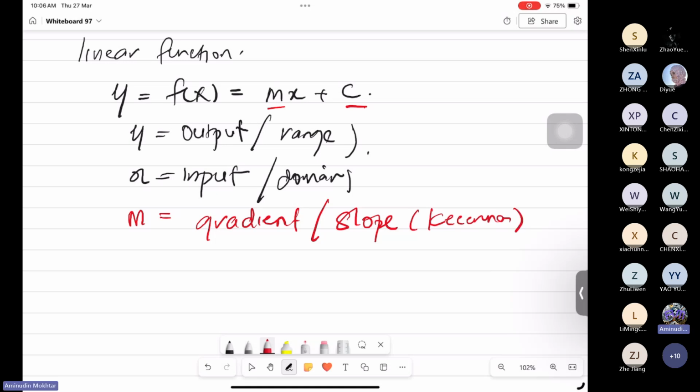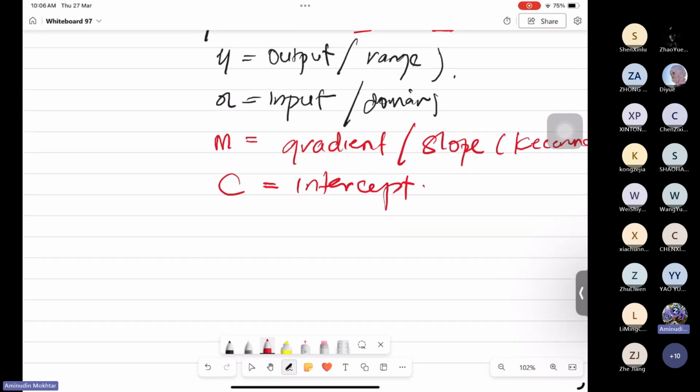And c, what is c? c is what we call an intercept. In this case, the value of m must not equal 0. That's the condition.